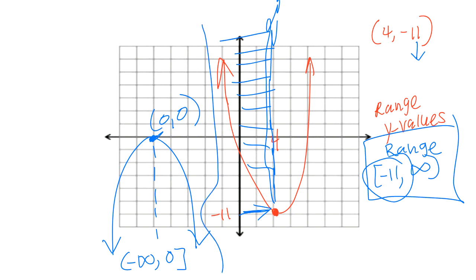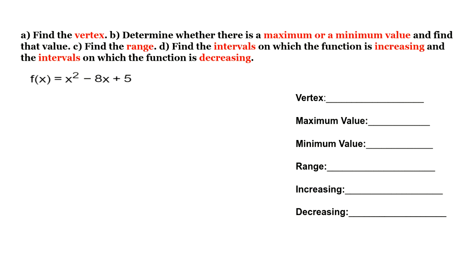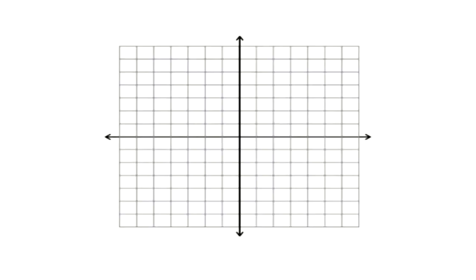So that would be your range. And we don't need domain. Domain is all real numbers anyway, so we just wanted to know the range. So any questions on finding the vertex, maximum value, minimum value, range, increasing and decreasing? We didn't do increasing and decreasing yet.